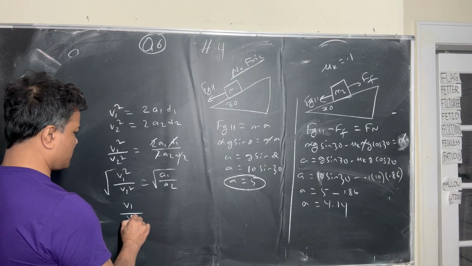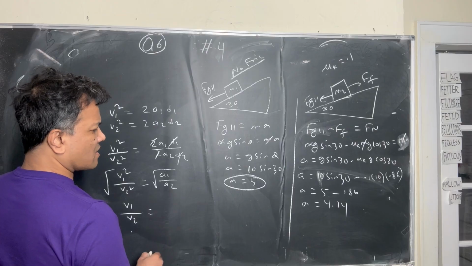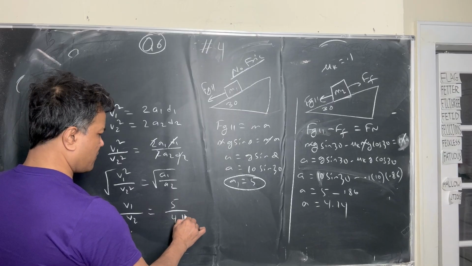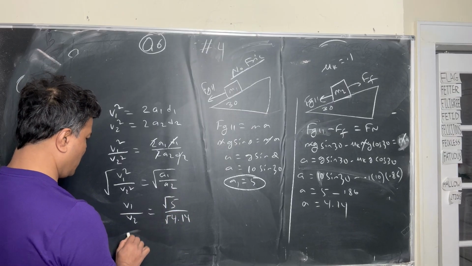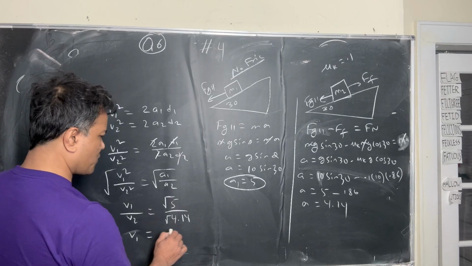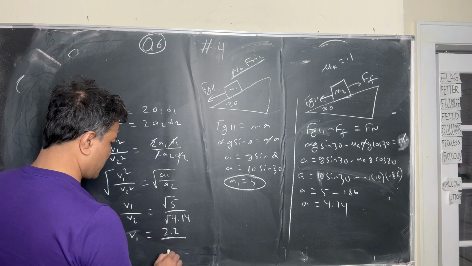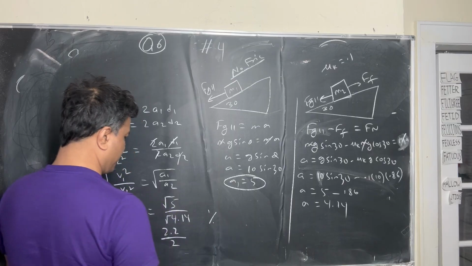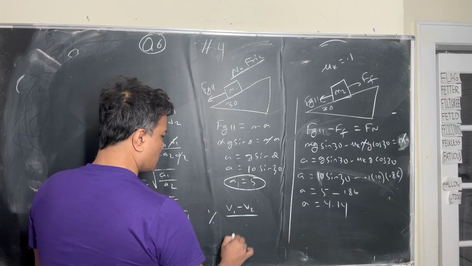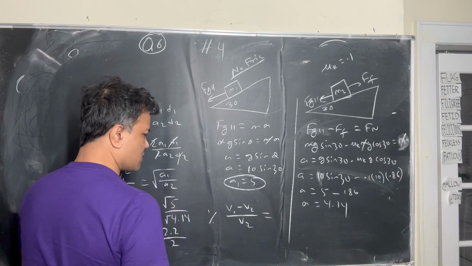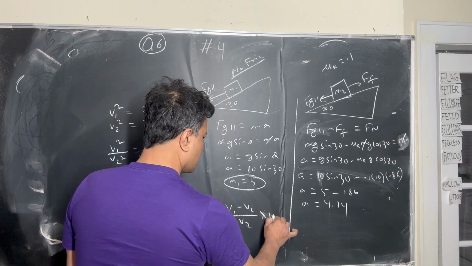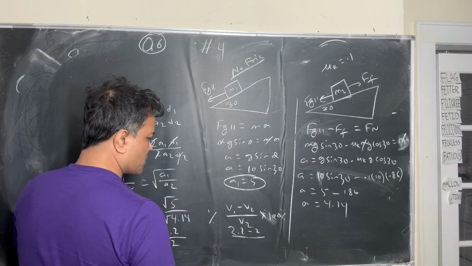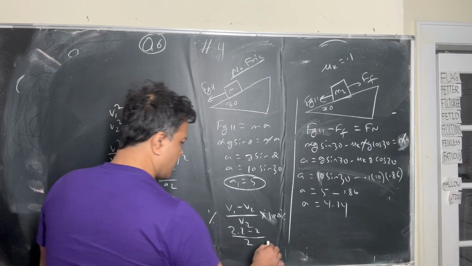So v1 over v2 is equal to, a1 is 5, a2 is 4.14. So v1 is equal to 2.2 and v2 is equal to 2. So now finally we're going to do percent ratio. We're going to say v1 minus v2 over v2 times 100. So v1 is 2.2 minus 2 divided by 2, and that is 10%.